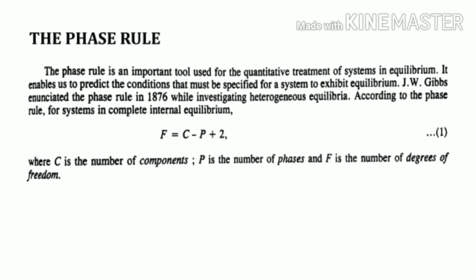According to the phase rule, for a system in complete internal equilibrium, the degree of freedom, the number of components and the number of phases are related to one another by the equation f is equal to c minus p plus 2, where f is the number of degrees of freedom, c is the number of components and p is the number of phases. So the phase rule is given by this equation, f is equal to c minus p plus 2, right?